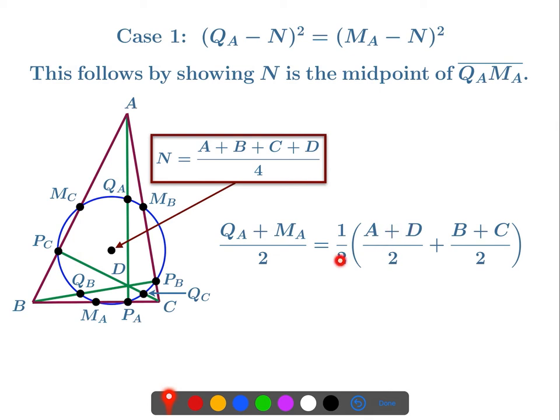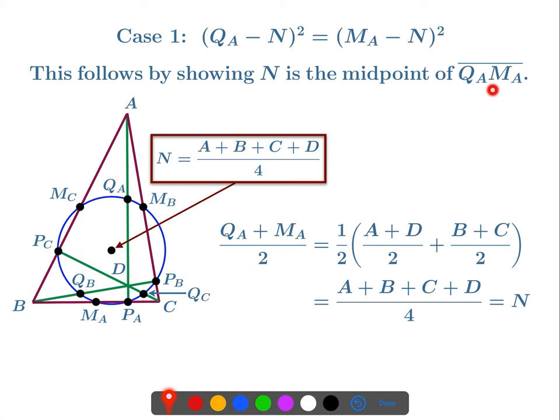And so I just put (A plus D)/2 for Q sub A. This 1/2 is coming from here. And for M sub A, that was the midpoint of BC, so that's just (B plus C)/2. Now you just look at this. We have (A plus B plus C plus D)/2 times 1/2. And so that's 1/4 times (A plus B plus C plus D). And that's the same thing as N.